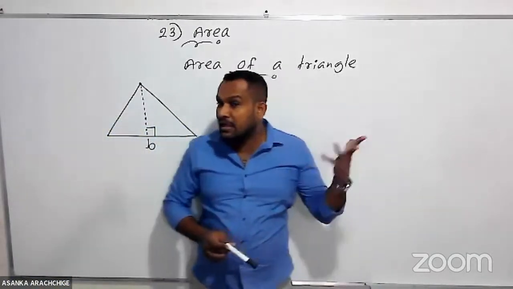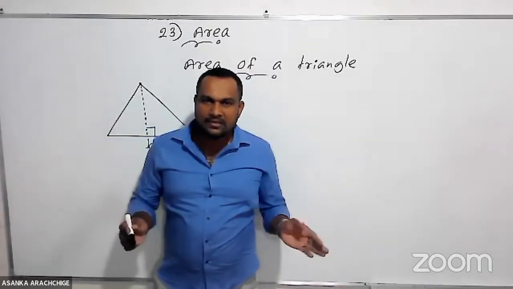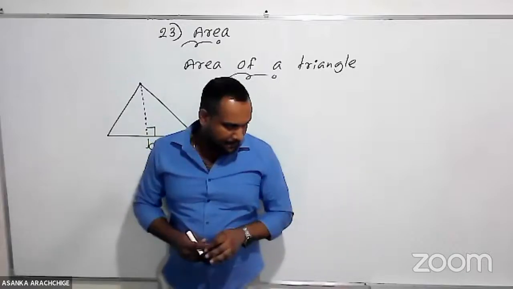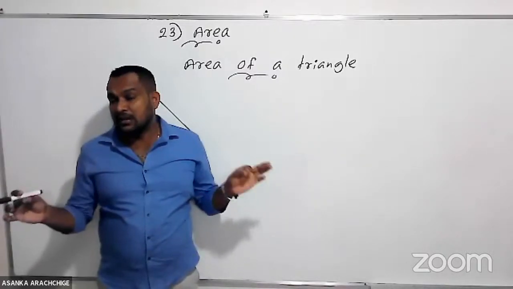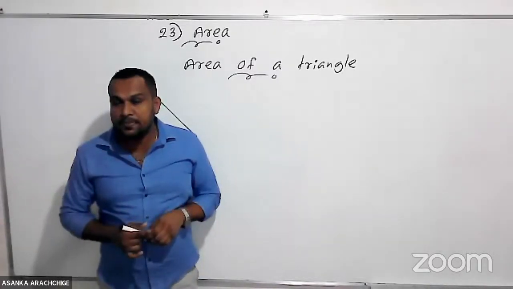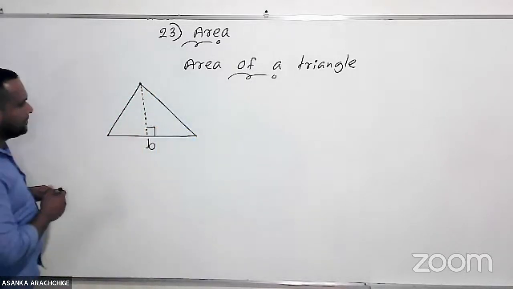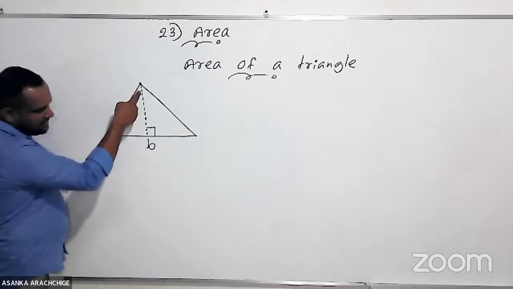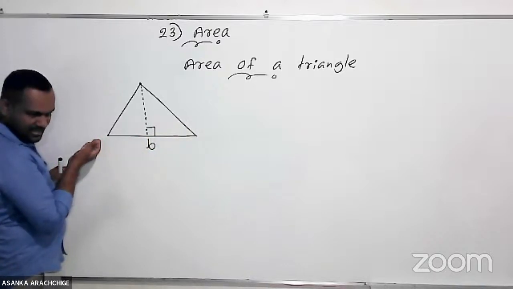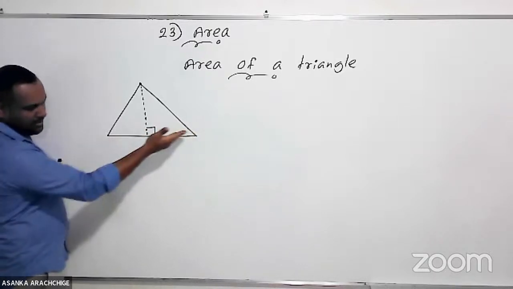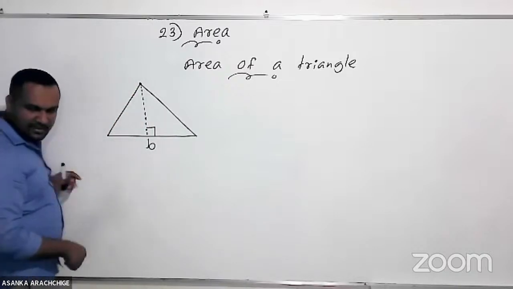The straight line which makes a right angle with another line. තවත් line එකක් එක්ක right angle එකක් හදන line එකට කියනවා perpendicular එක කියලා. Clear? So here you can see this line makes a right angle with the level of this base.